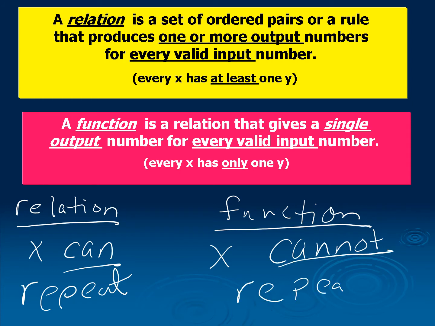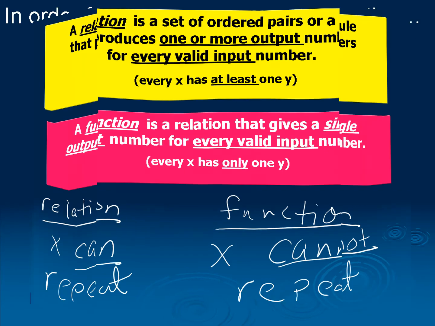So that's what we mean by the difference between a relation and a function. So in other words, in a relation, you can have 2, 4, 2, 5, 2, 6. However, in a function, you can only have 1, 2 going to 1 y. So x cannot repeat in a function, x's can repeat if it's just a relation.